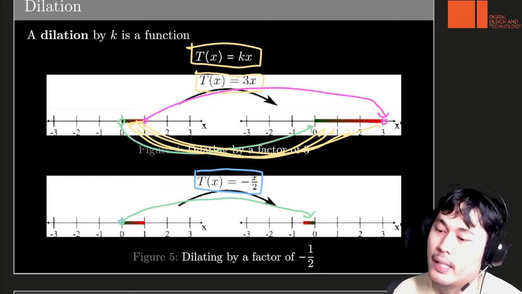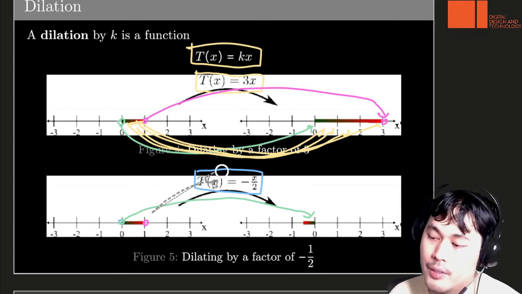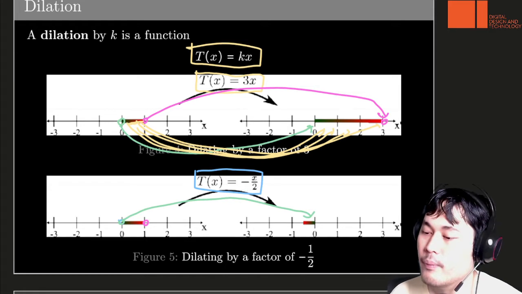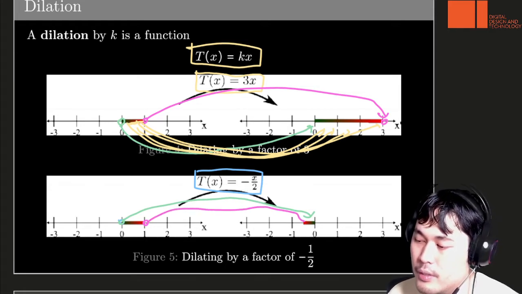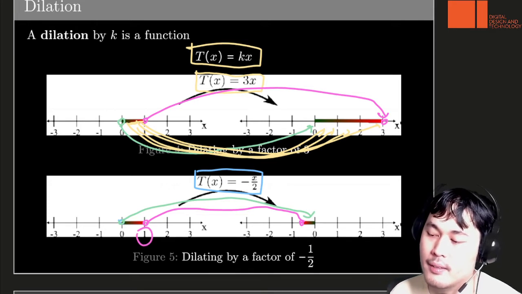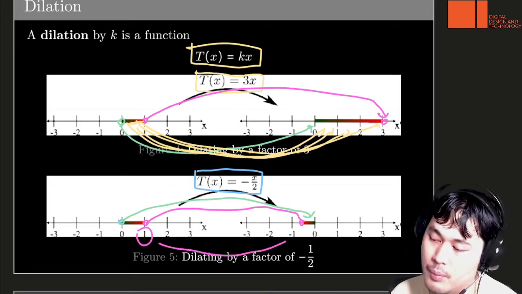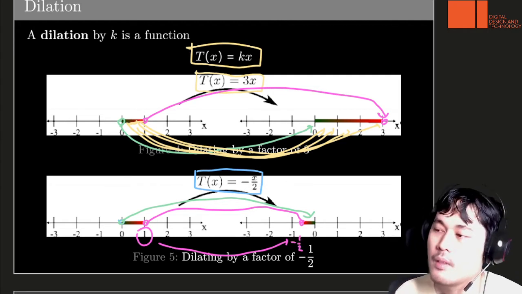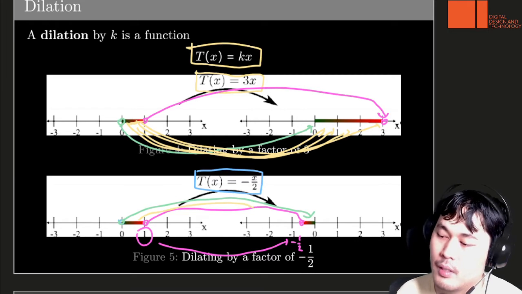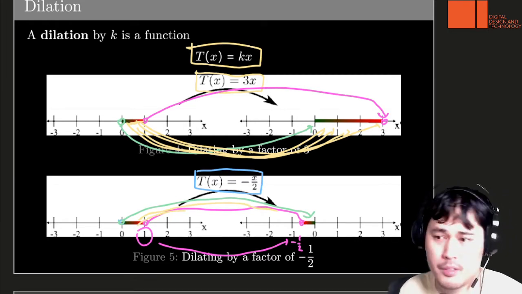But if you start at 1, a positive number, and plug 1 into the function, then you get minus 1 over 2, which is of course minus 1/2. So this point 1, once you transform it, you get to a new point, minus 1/2. That's what we have. And of course, everything else is between these two points.